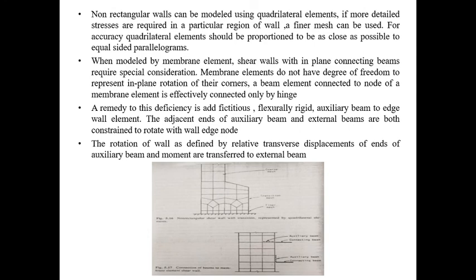Now suppose you have non-rectangular walls, they can be modeled by using quadrilateral elements. And if you want a more detailed stress analysis in a particular region, we can go for a finer mesh. Here you can see a finer mesh can be provided if you want a detailed analysis in that part.